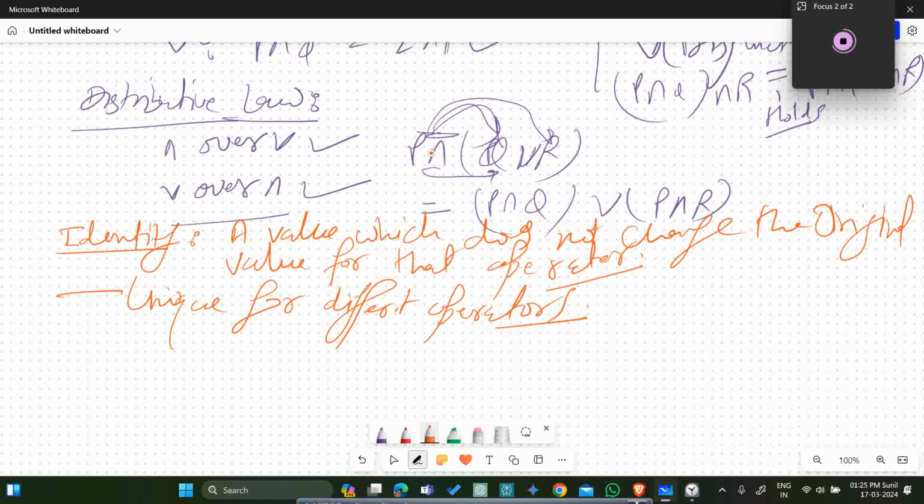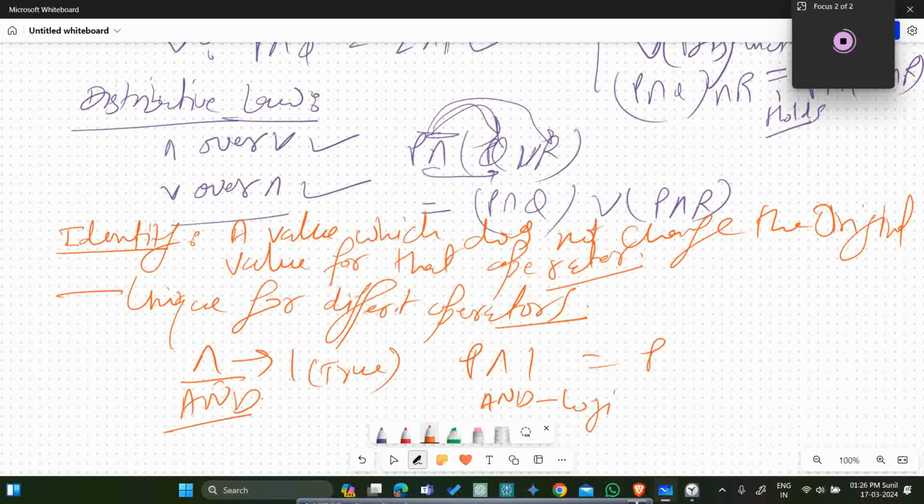So let's say what is it for conjunction. This is 1 because we are saying AND. All right. So AND in logical terms is true. So P and true, or we can say 1, is always P. This is AND in terms of logical algebra.